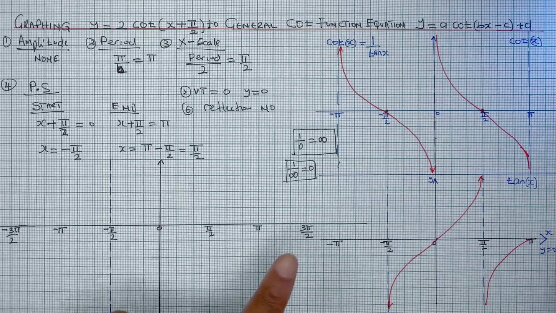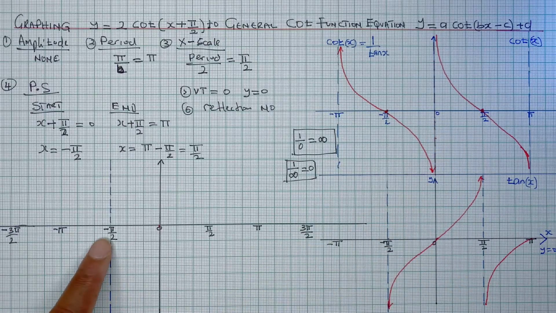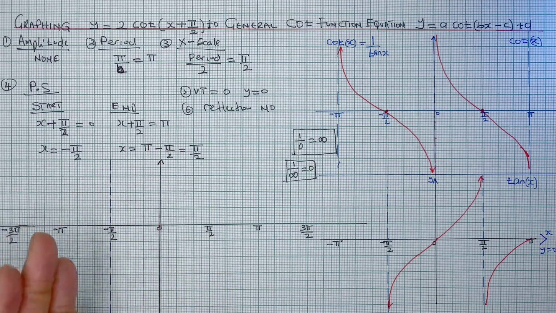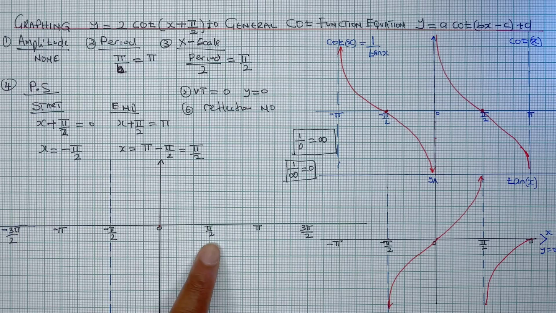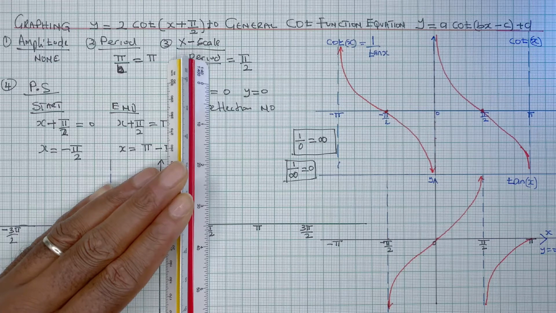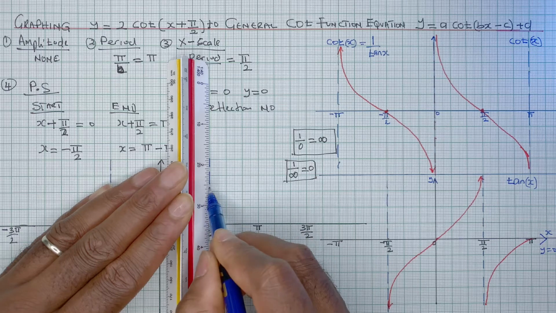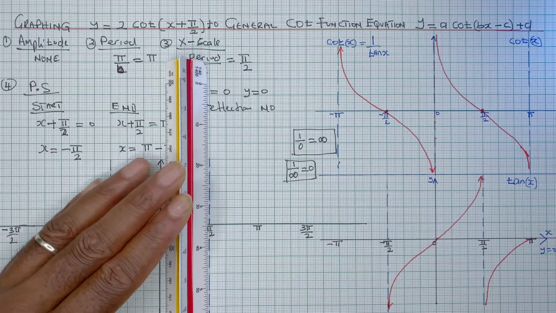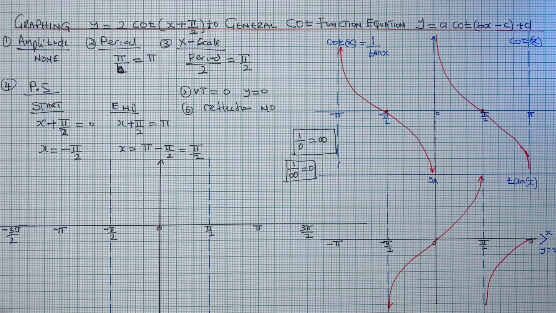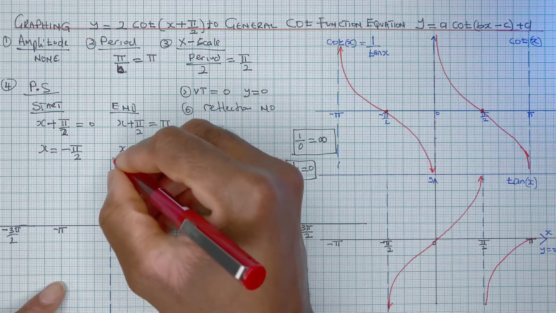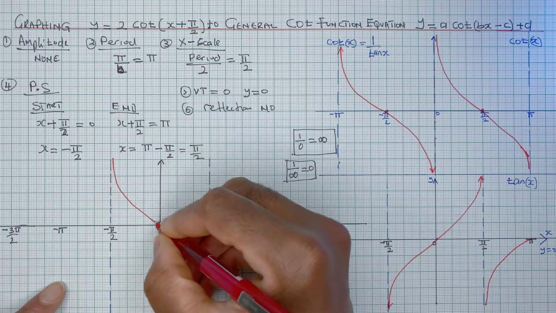Instead of being 0, it's minus pi over 2. And at the end of a period, the line of asymptote is pi over 2. So the line of asymptote is also at pi over 2. What that means is the curve goes through 0, coming from there, and it just goes through 0.